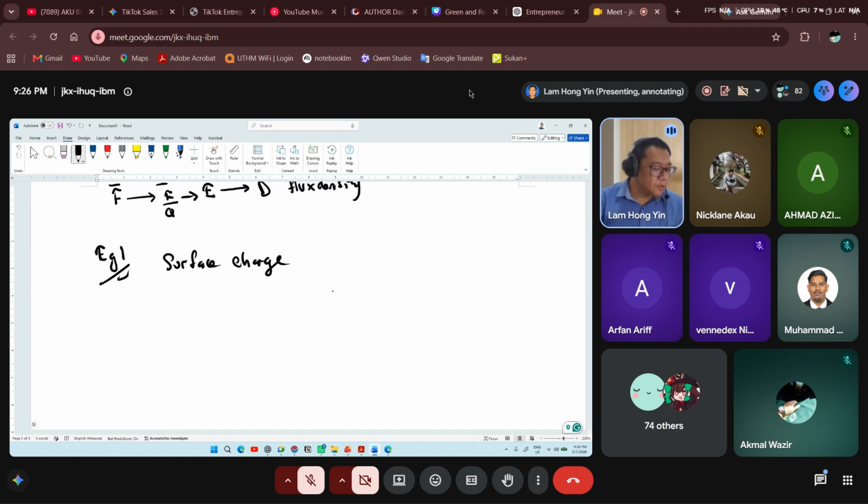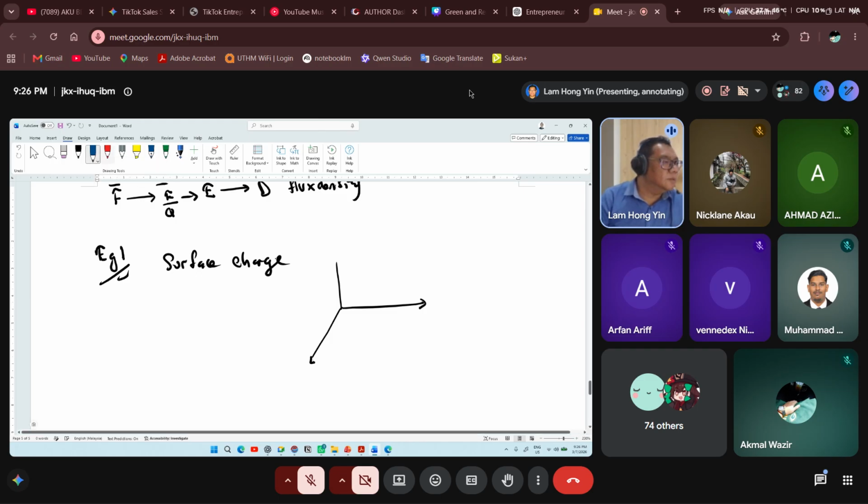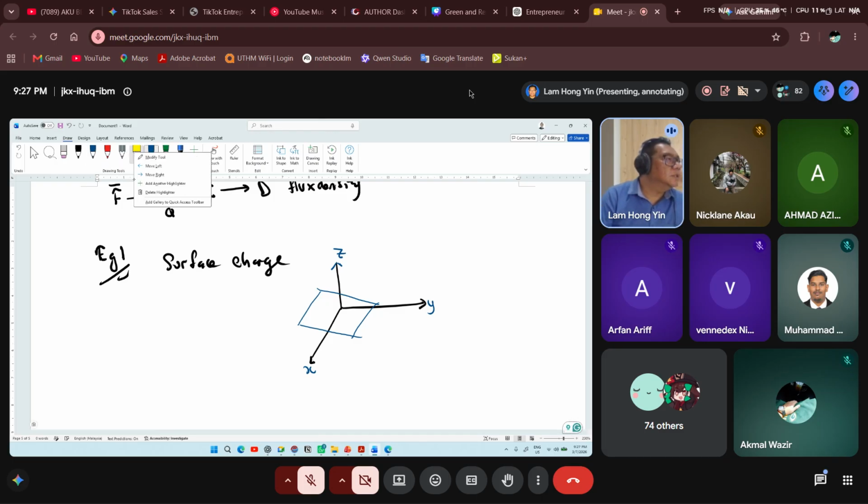Right, so you have a square plate in the Cartesian coordinate. For example, let's draw a square plate over here. This is the x-axis, this is the y-axis, this is the z-axis. The square plate is located on the floor, right?